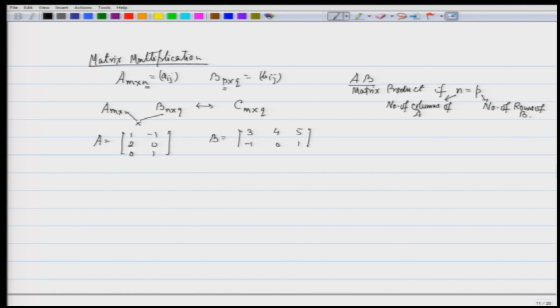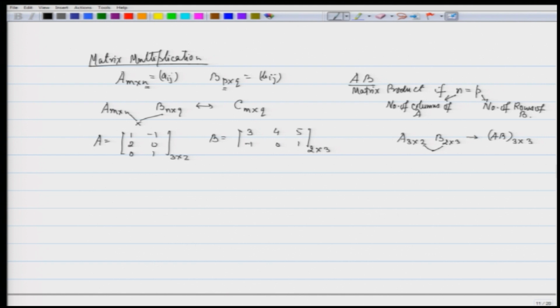So, this matrix A is of size 3 cross 2, B is of size 2 cross 3. If I want to multiply, A is 3 cross 2, B is 2 cross 3, so these 2 and 2 will cancel out, and the product AB will be of size 3 cross 3.